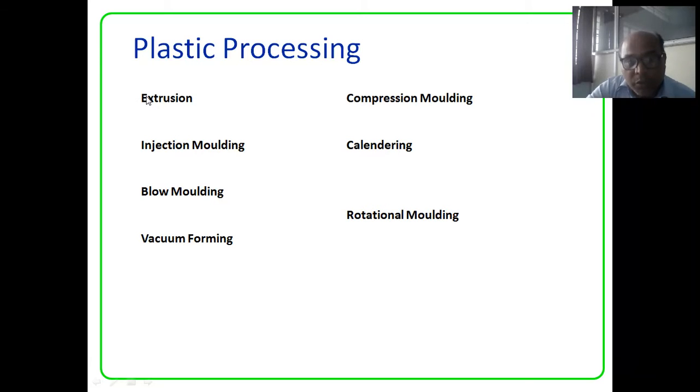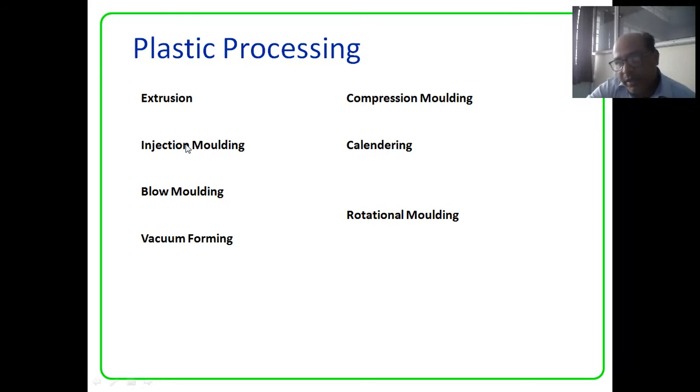All the students should know what the extrusion process is and how it is carried out. We should watch the video of the extrusion process. We should know what compression molding is, how it is carried out, and which material is used.